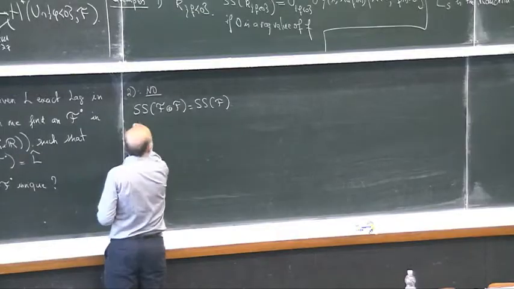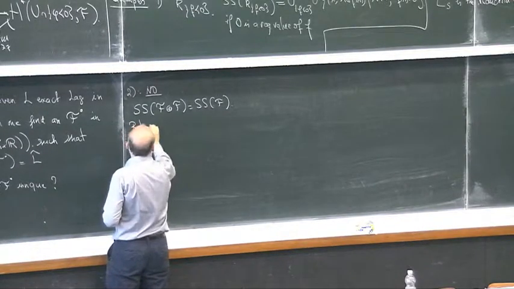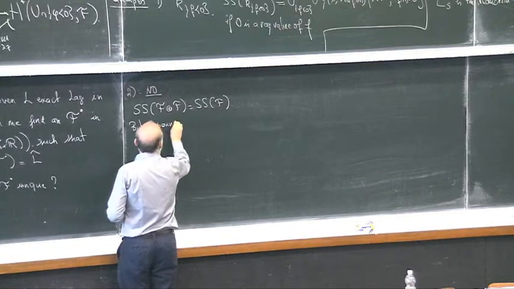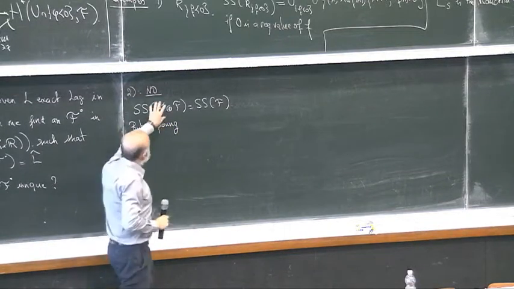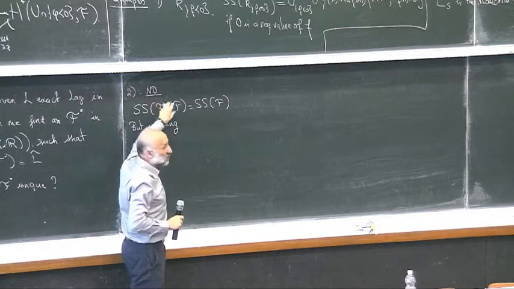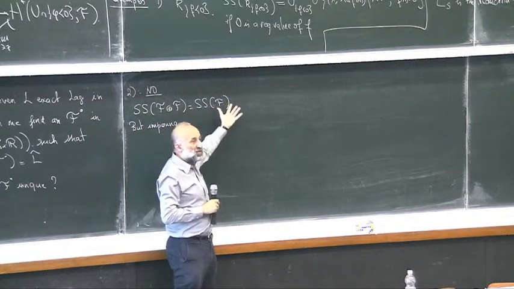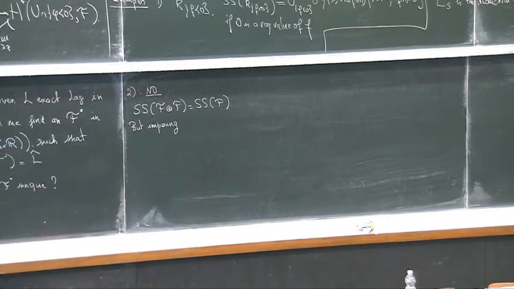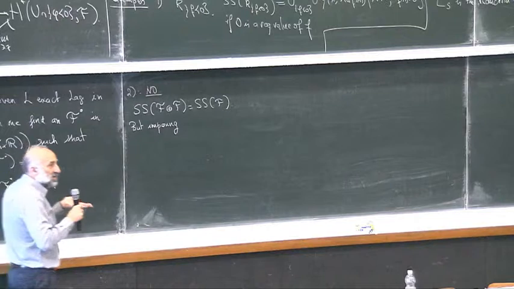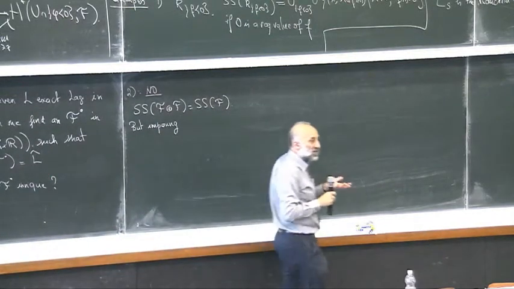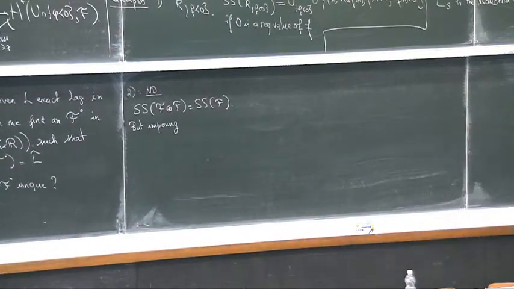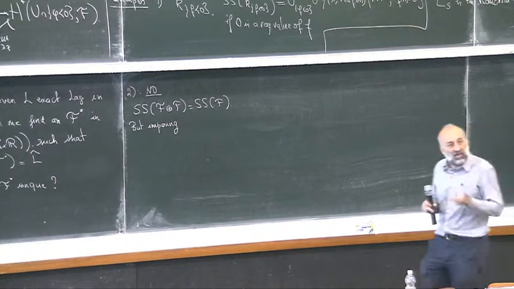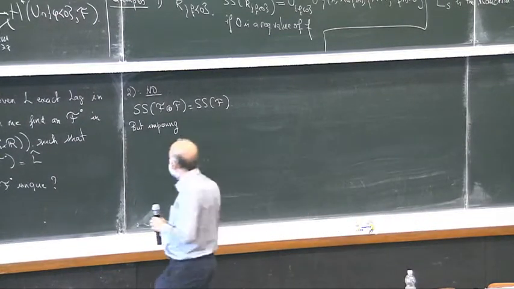However, there is a condition, because if you think about what this should be, in fact, the singular support of F plus F should be two copies of the singular support of F. Except, if you think of it in terms of algebraic geometry, we're in a situation where it doesn't mean anything to have twice the same point. I mean, you move in one direction and see whether the sheaf changes or not. And it doesn't make much sense to say whether this point is doubly covered or simply covered. There's nothing like that.